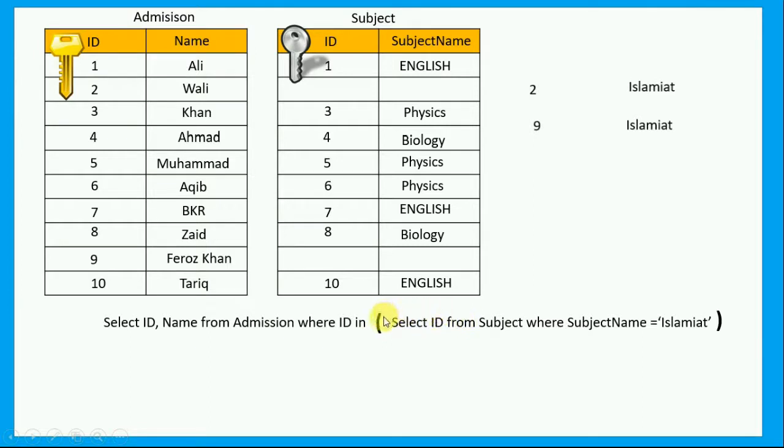And we use the brackets to differentiate the inner query. This is also the syntax. So it will fetch the data of those who teach Islamiyat. So ID 2 name Wali teaches Islamiyat, and ID 9 name Feroz teaches Islamiyat.